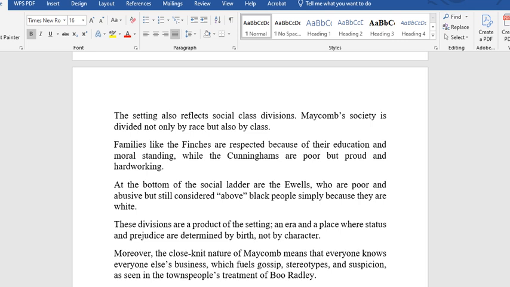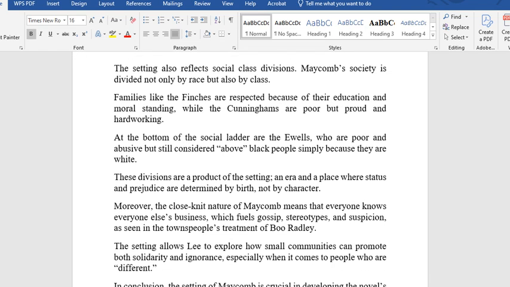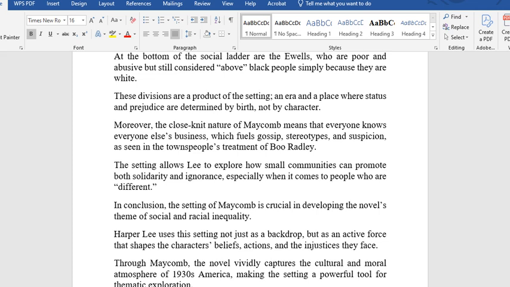At the bottom of the social ladder are the Ewells, who are poor and abusive but still considered above black people simply because they are white. These divisions are products of the setting, an era and a place where status and prejudice are determined by birth, not by character.